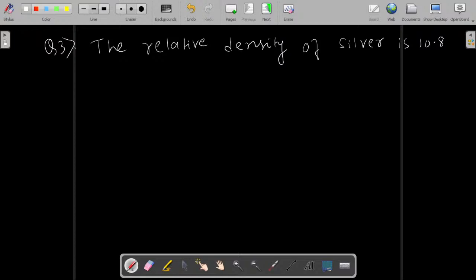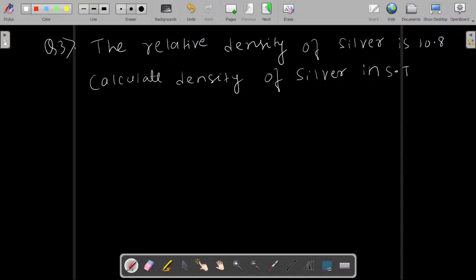Calculate the density of silver in SI unit.